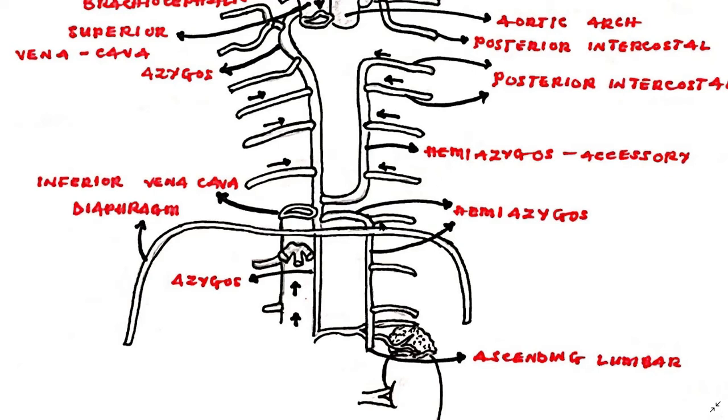Specifically, the hemiazygos vein mirrors the bottom part of the azygos vein. Now, the structure of the hemiazygos vein is often variable. It usually begins in the left ascending lumbar vein or the renal vein and then passes upward through the left crus of the diaphragm to enter the thorax.